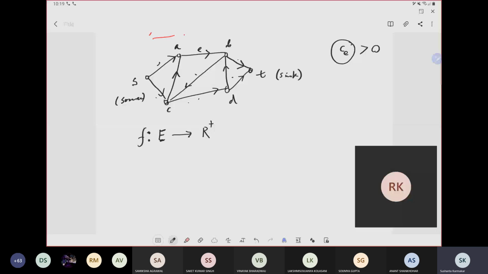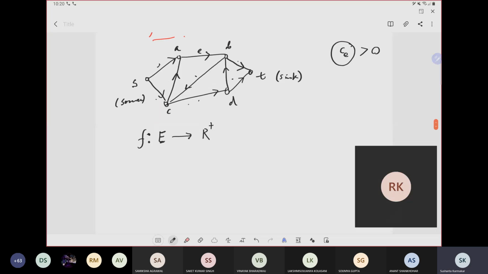The rest of the edges can be in any direction, and flow moves in that direction. Every edge has a capacity. Remember, S is an infinite source and T is an infinite sink. What about other nodes? There is some property I will tell shortly.